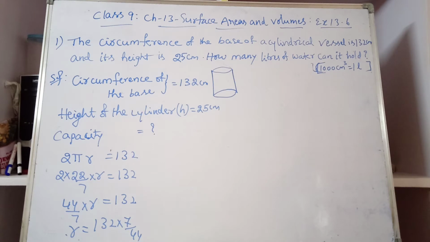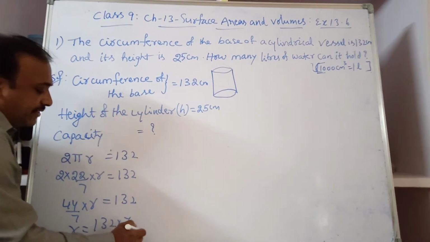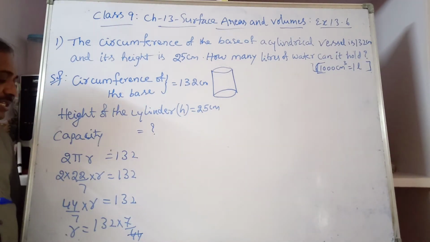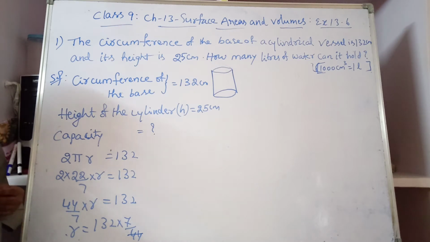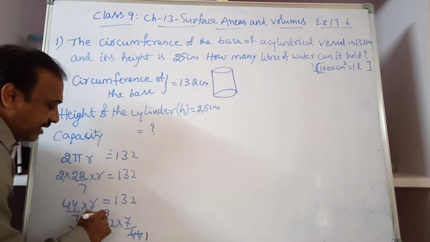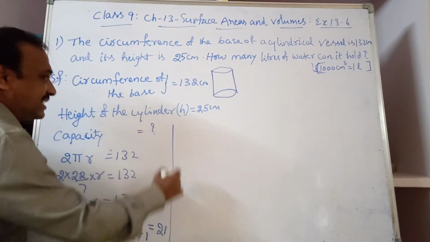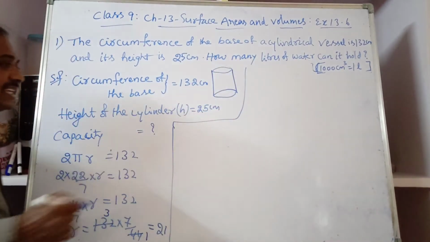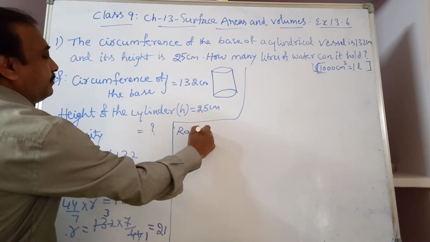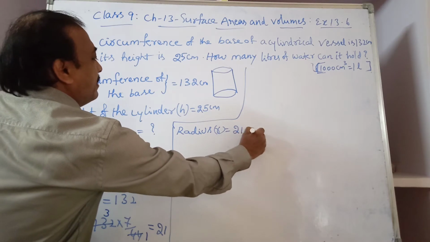We can cancel these two. If you are thorough at tables, you can directly cancel; if not, you can cancel with a small table: 44 ones are 44, 44 threes are 132. So 7 into 3 is 21. Therefore we got the radius as 21 centimeter. r is equal to 21 centimeters.